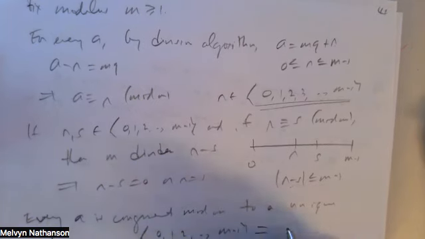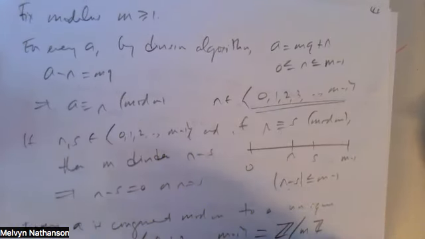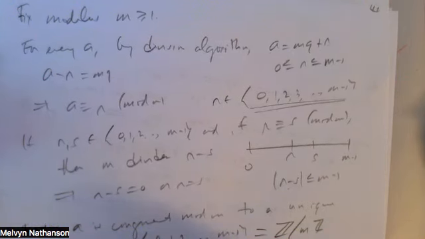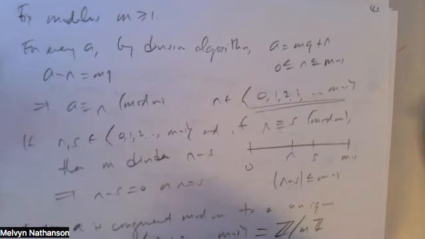And the usual notation for this set is Z slash MZ. And we're going to make this into a ring. I'm going to define addition, subtraction, and multiplication of these things. This is going to be called the ring of integers modulo M.